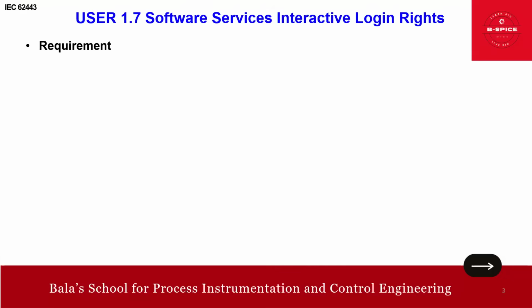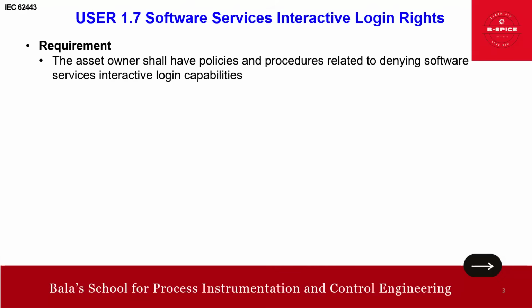Now we go to another item, 1.7, software services interactive login rights. The asset owner shall have a policy and procedure related to denying software services interactive login capabilities. What is the rationale?